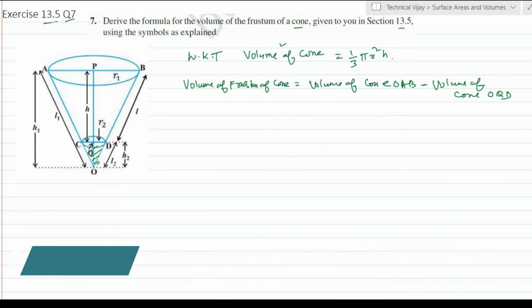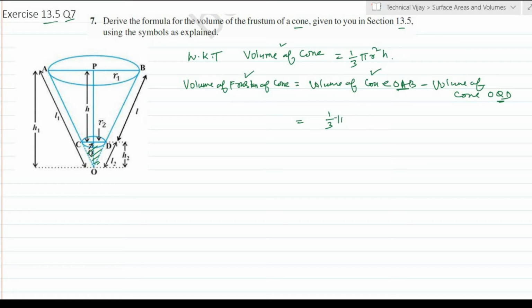So the remaining will be the volume of this frustum, that is bigger cone minus smaller cone. Now this can be written as 1 by 3, since we know that the volume of a cone is 1 by 3 pi r square h.